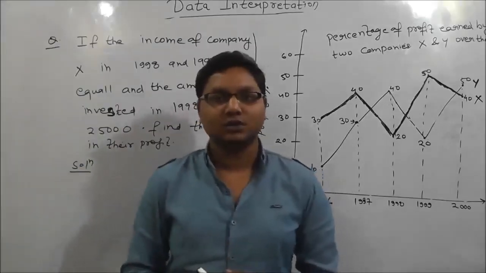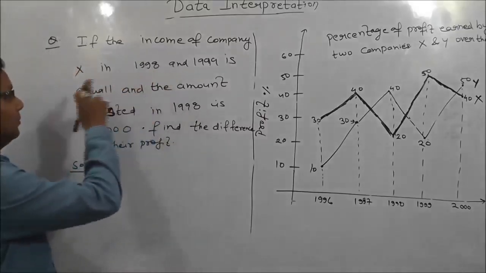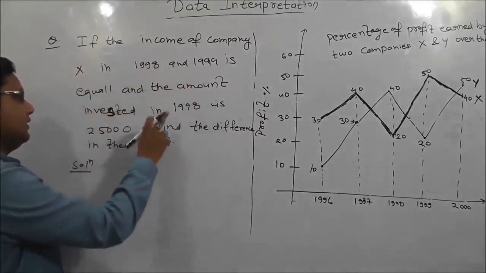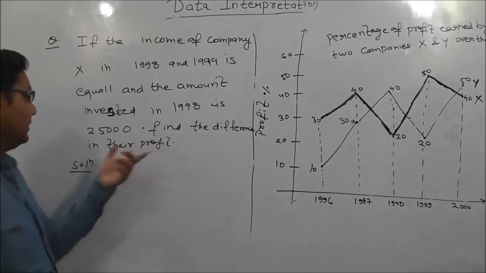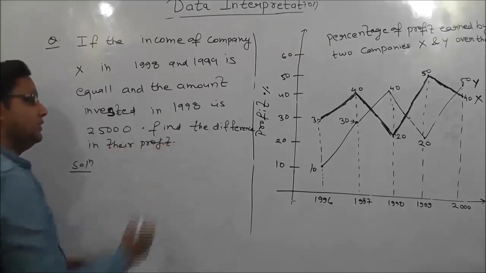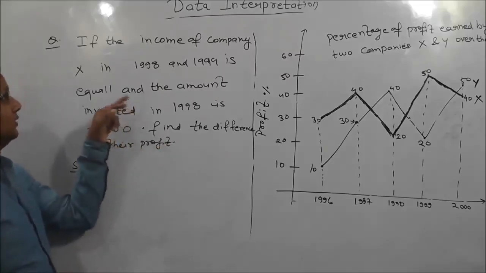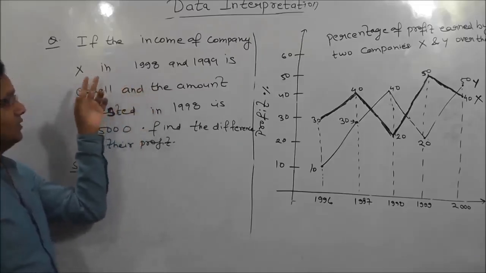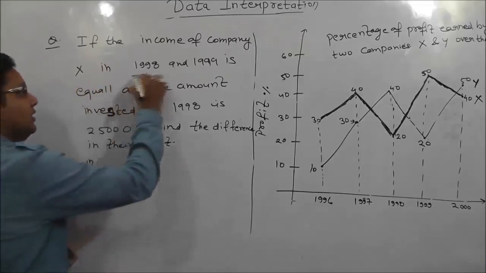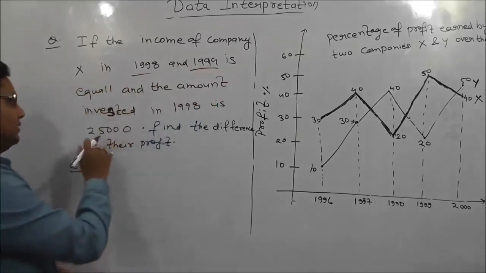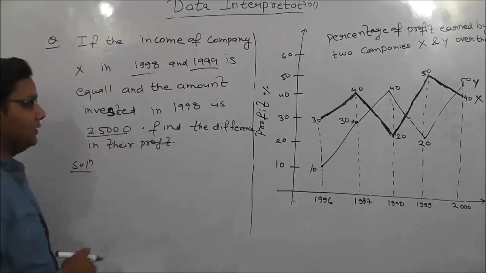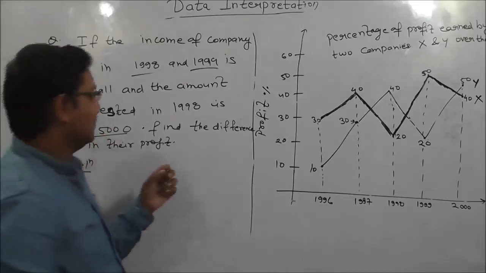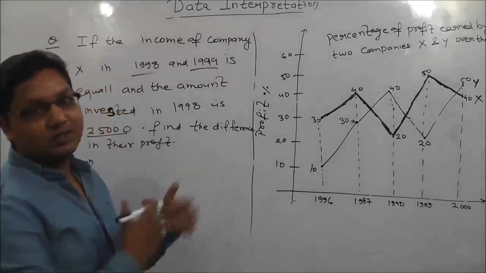Now let's see the next question: if the income of company X in 1998 and 1999 is equal and the amount invested in 1998 is 25,000, find the difference in their profit. If the incomes are the same, we can directly find the difference in their profit, so first we find the difference in profit percent.